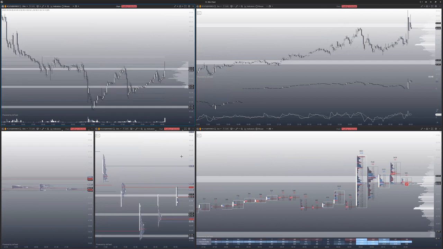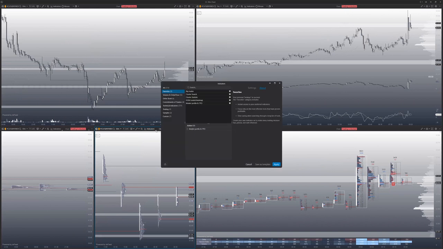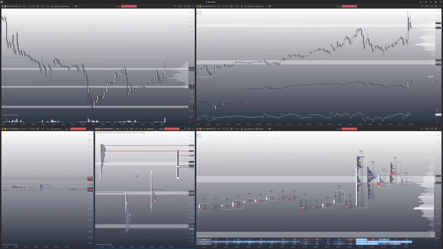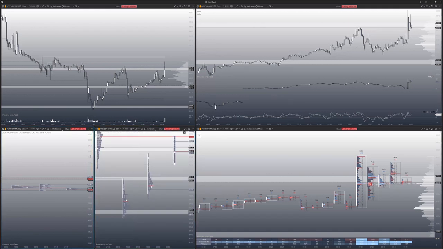So crude oil. Let's change to the template, energy. Let's do the cash profiles.